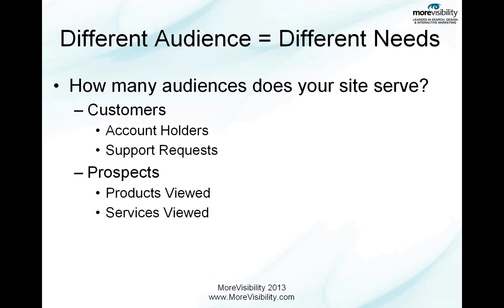Another way to perceive some of the value of audience segmentation is for your B2B market versus your B2C market. Obviously those two audiences have very different needs, but you probably also are providing them with different paths down the website, in addition to different content and different calls to action.